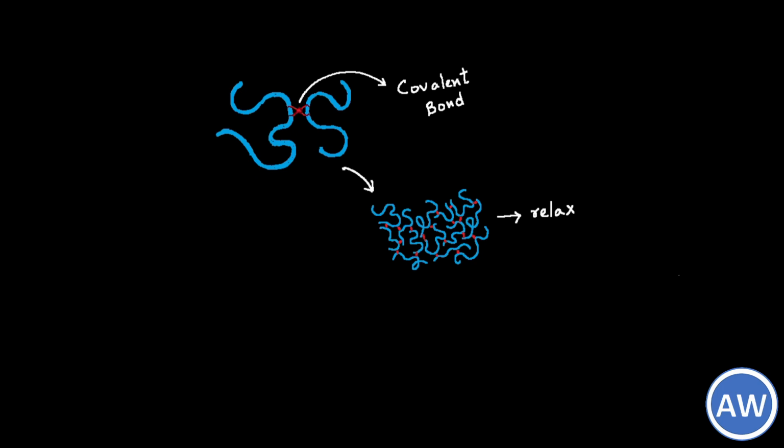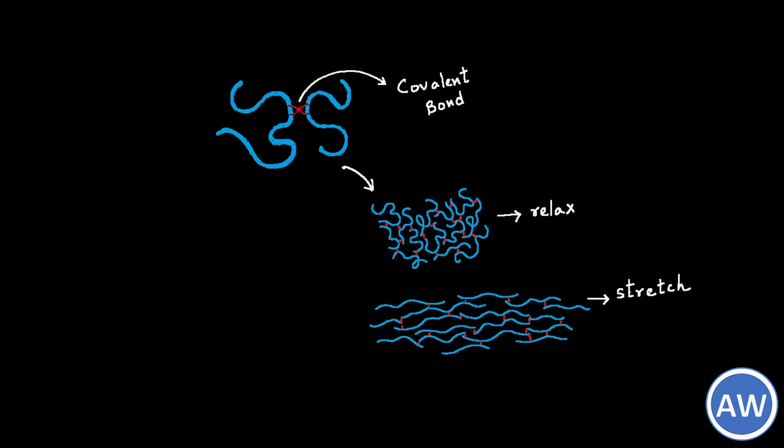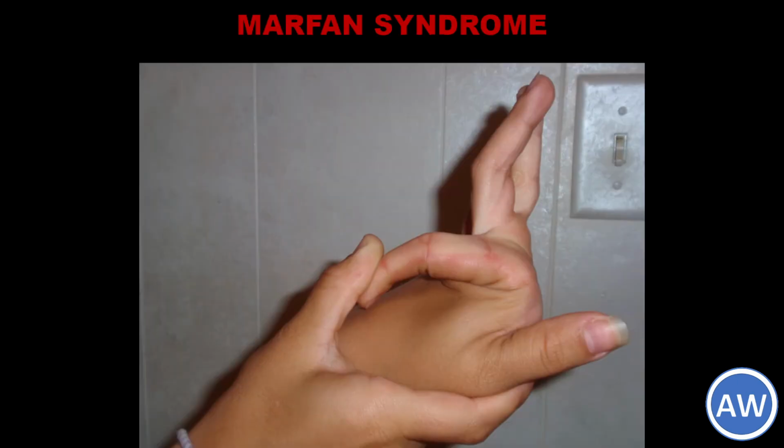This permits the elastic fibers to slide over one another or to be stretched and then recoil to their original state. The abnormal expression of the fibrillin gene FBN1 is linked to a condition called Marfan's syndrome. The patients of Marfan's syndrome can have hyperextensibility of joints.